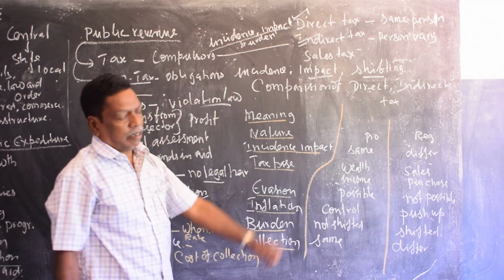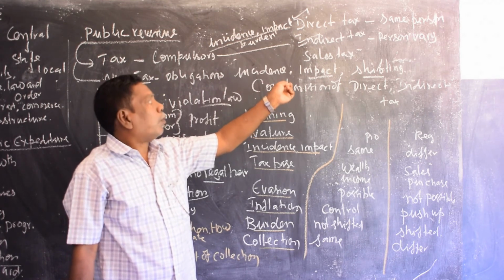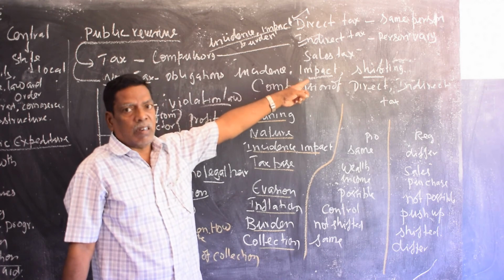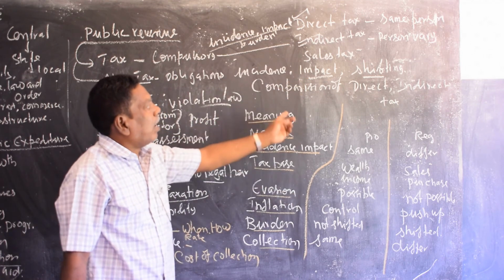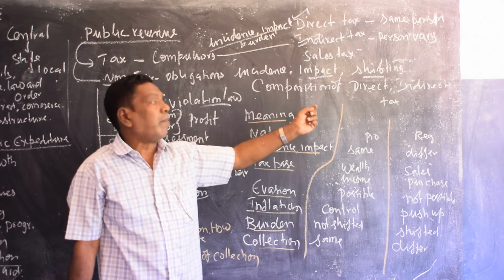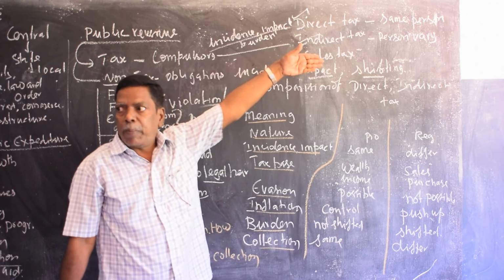That is incidence. And the imposed tax, the incident tax, falls upon the final burden. The final burden is upon the person. That is impact. And in between, the transferring of tax from one person to another is called shifting. These are the 3 things that happen in the 2 types of taxes.